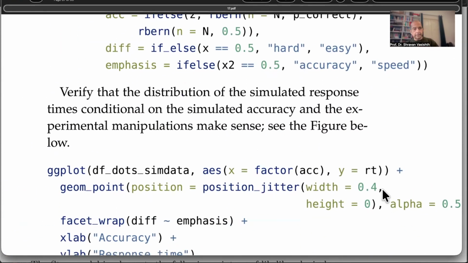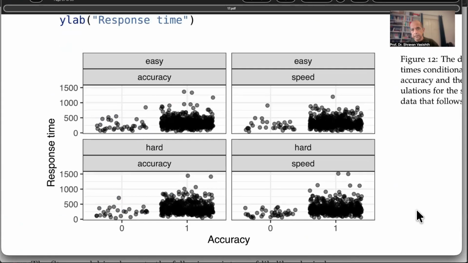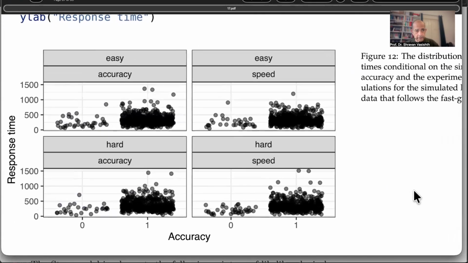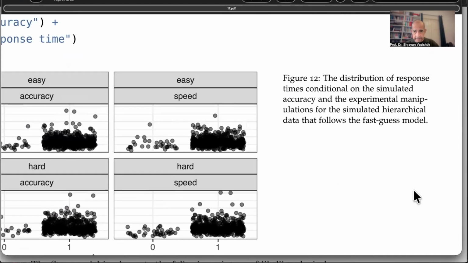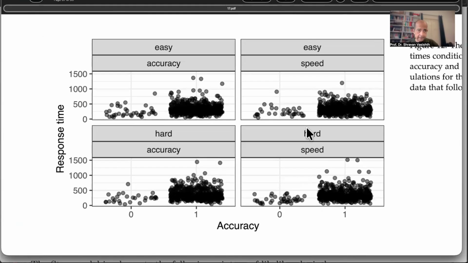Now you can look at it graphically to see if the data look reasonable. They look pretty similar to what we had seen at the start of the lecture. In the easy conditions, when they're incorrect in their response, the reaction time is generally faster. We saw this pattern earlier. For speed and accuracy, I'm not seeing much difference here, but maybe this is slightly faster.